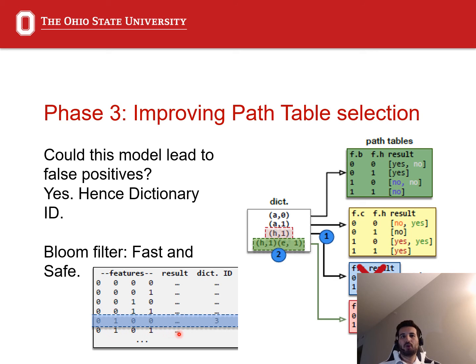So once a lookup is performed, the algorithm can check whether the dictionary ID that was used for that hashing matches the dictionary ID found in the looked up entry, and therefore can verify whether the lookup was a false positive or not.